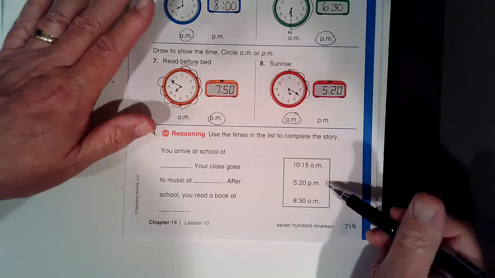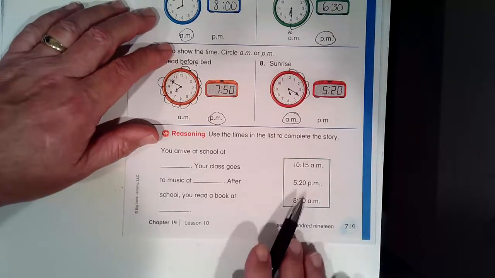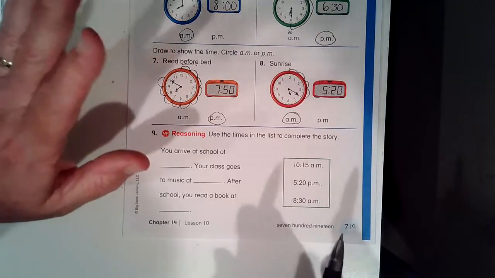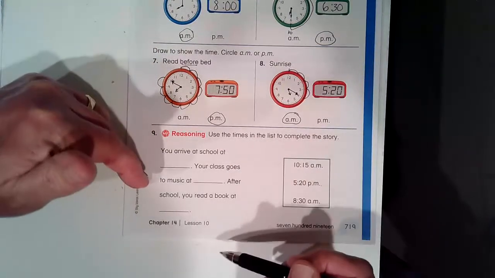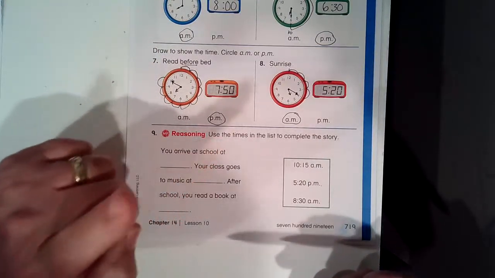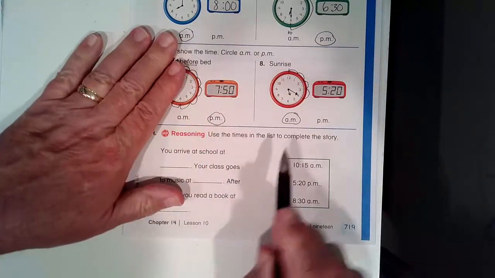Well, I know that when we get to school, it's going to be the first thing that we do on the list. So we have to look at the earliest time, right?